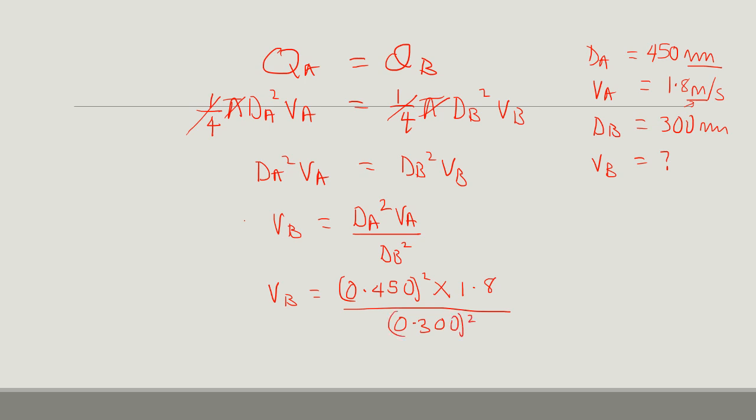So we have our final answer, VB equal to 4.05 meters per second. Exactly, 4.05 meters per second.